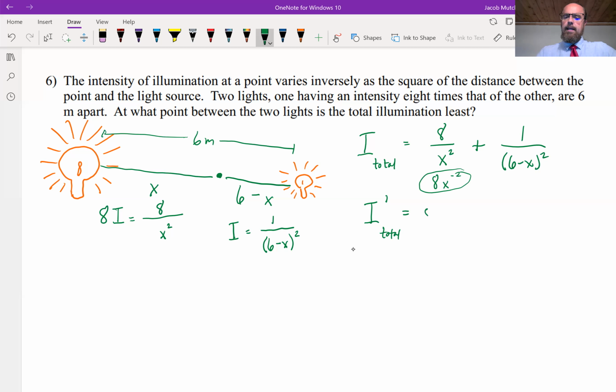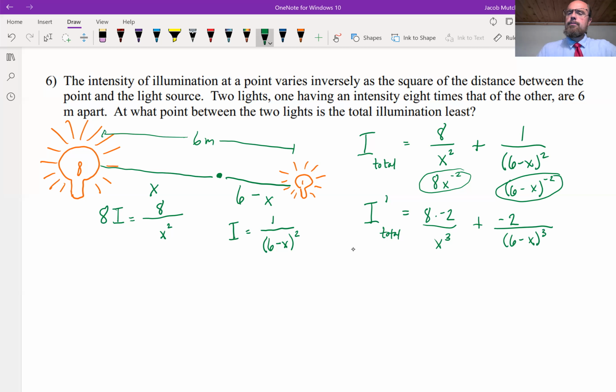So that's going to be 8 times -2 over x cubed, plus, this I'll treat as 6 minus x to the power of -2, again, just to help with the derivative. So that's 1 times -2 over 6 minus x to the power of 3.